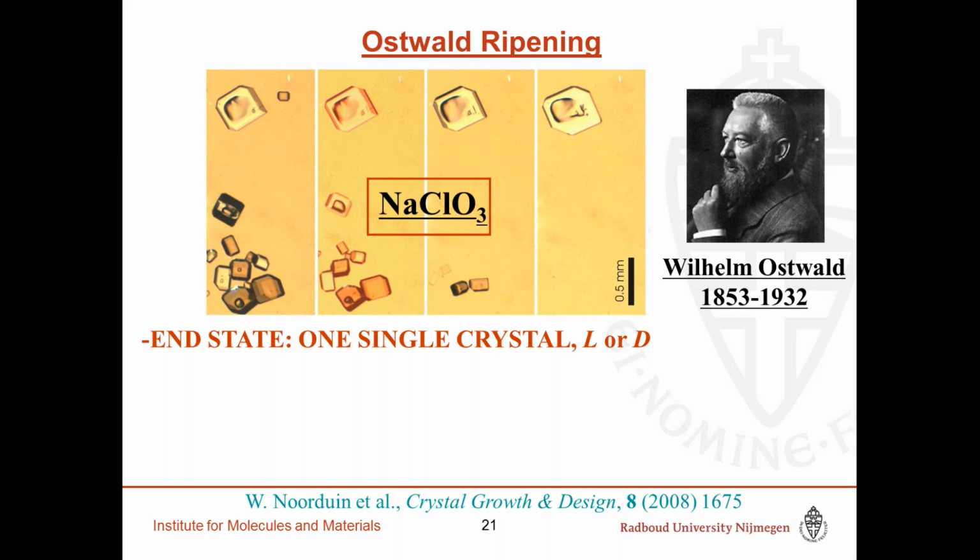But if you don't get crystals, our tricks are the standard tricks chemists use, namely adding some dust or scratching the glassware, or cooling it shock-wise, putting it in the freezer, which for the crystal grower is not a very nice thing to do, but okay, sometimes we do it to get crystals.